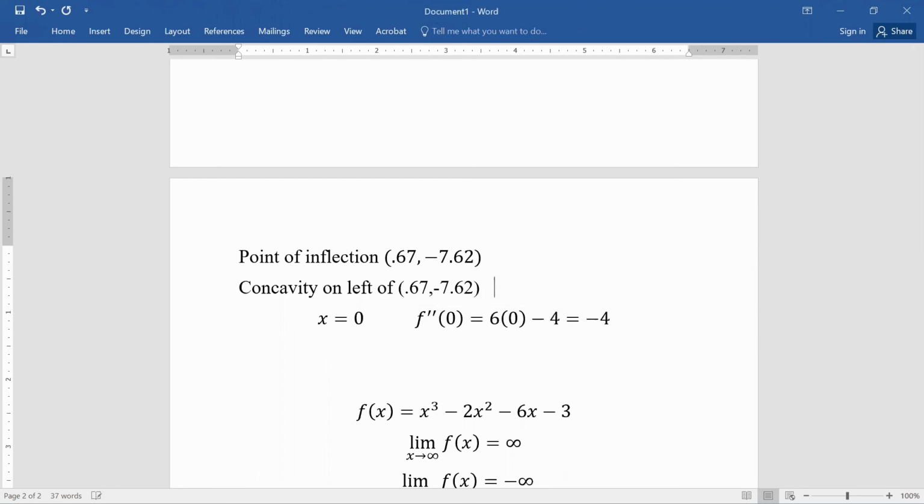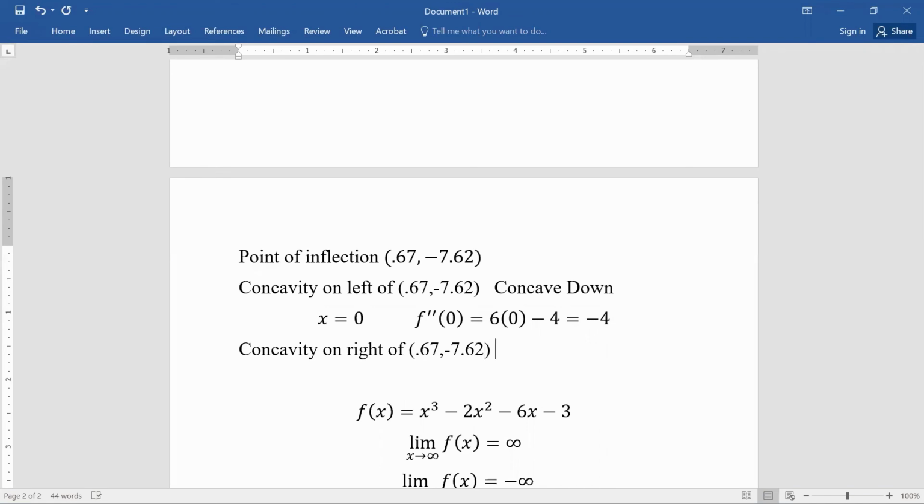And we can do that onto the right as well. So to the right of that point, well, pick a number that's bigger than 0.67. Pick an x value of, let's say, 1.